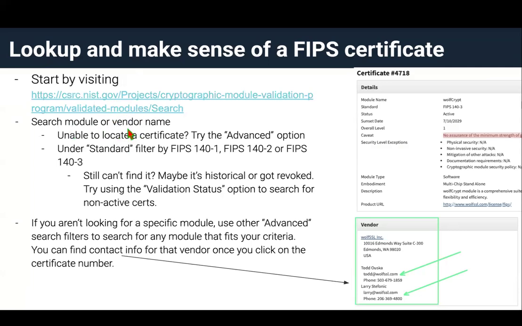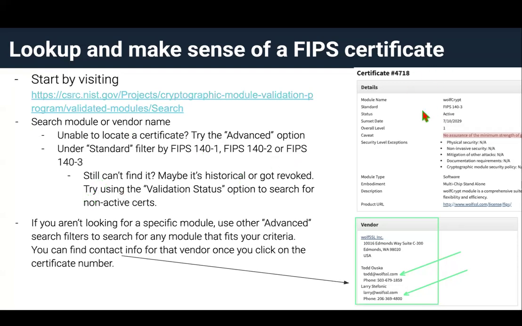They do have an advanced search option where you can filter it by certs that were good for 140-1, 140-2, or 140-3. You can include revoked or now historical certificates in your search if you want to see old ones, or you can just focus on currently active ones that are not revoked and not historical.